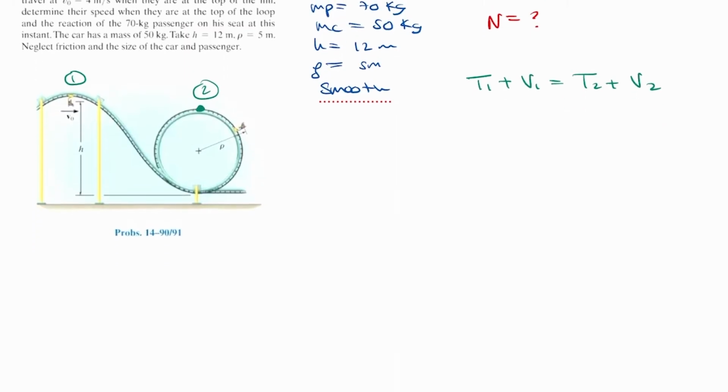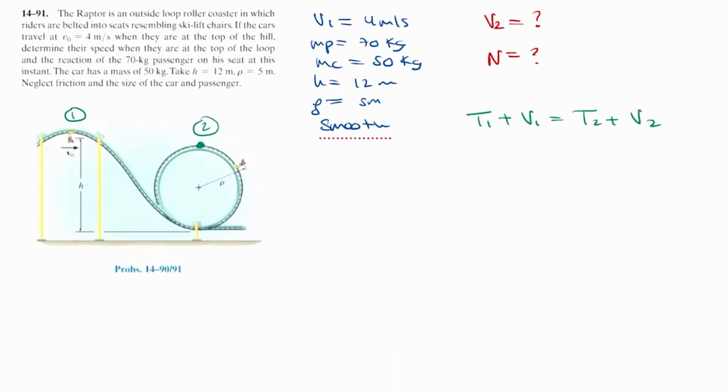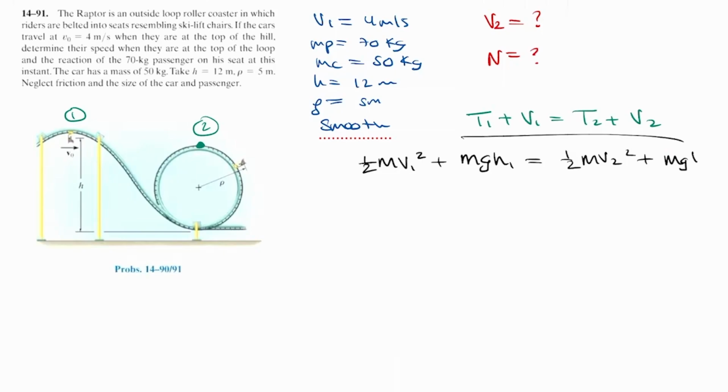So if we start solving this problem, we can first solve for V2. Doing this, we'll get 1/2 mass times V1 squared plus mass times gravity times the height at 1 equals 1/2 mass times velocity 2 squared plus mass times gravity times the height at 2.